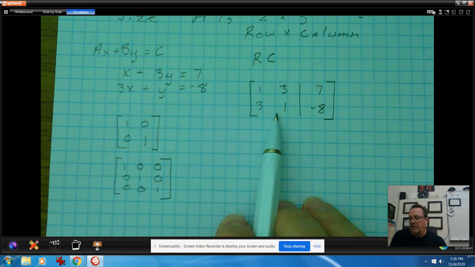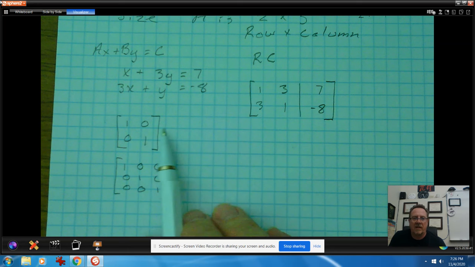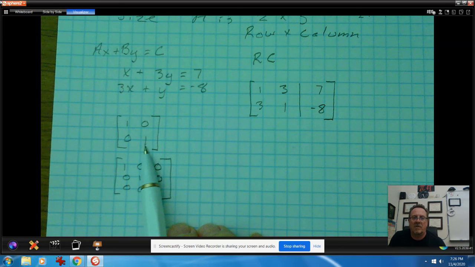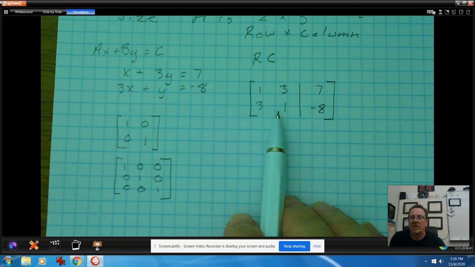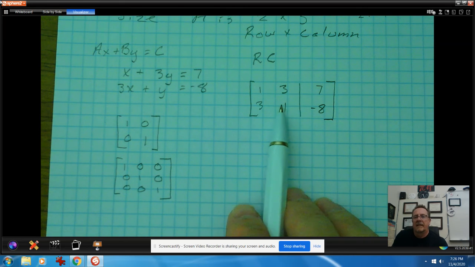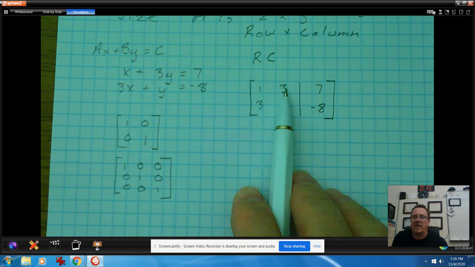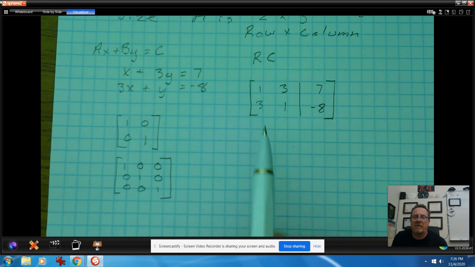If I can manipulate this matrix so that it looks like an identity matrix with a 1 here in this position and a 1 here in this position, and the other two positions filled with zeros, and it's close. Right now, I have a 1 there and a 1 there. The problem is I got a 3 there and a 3 there instead of zeros, but we can do some row operations to make it look like this.